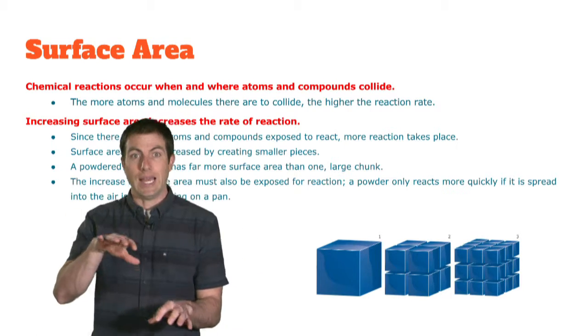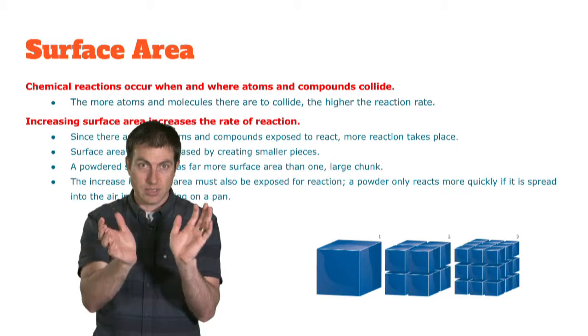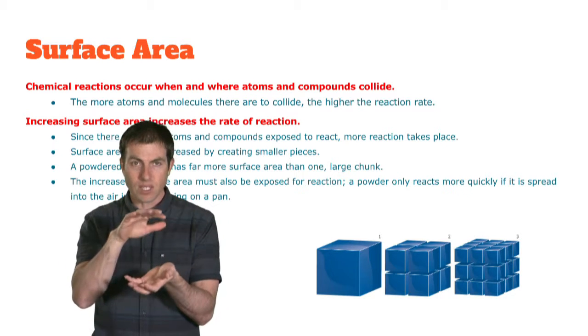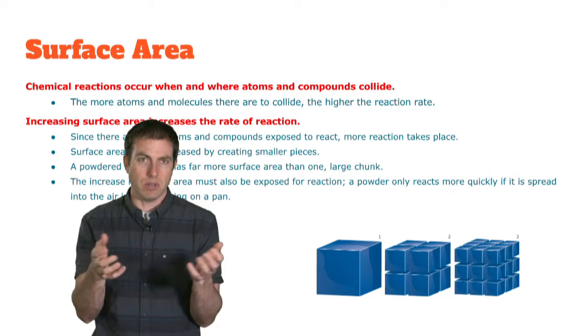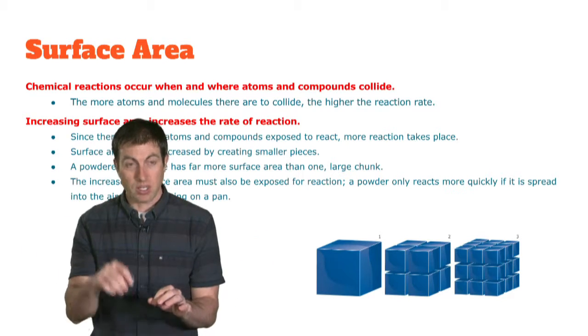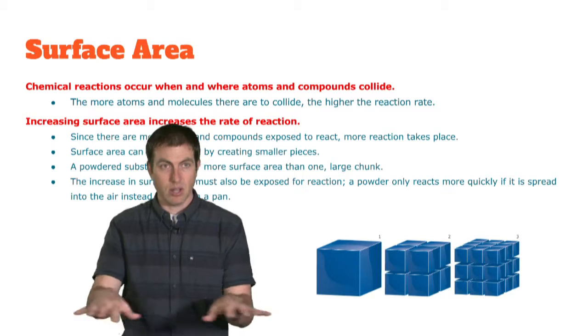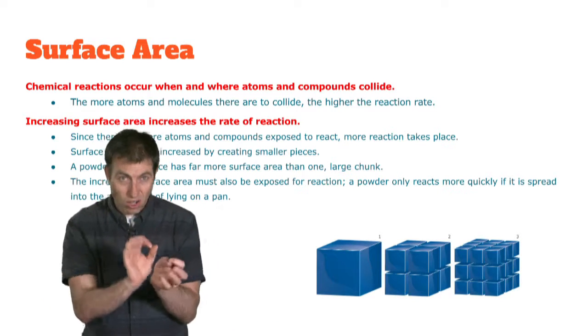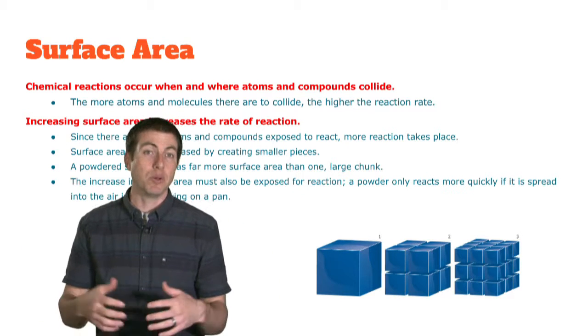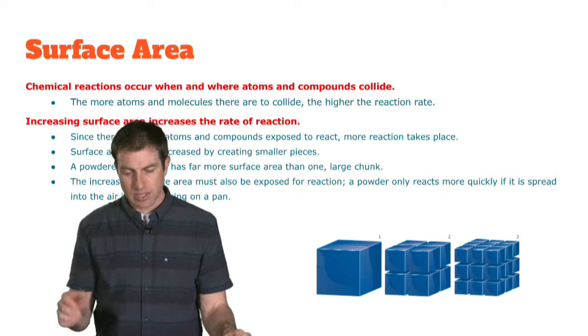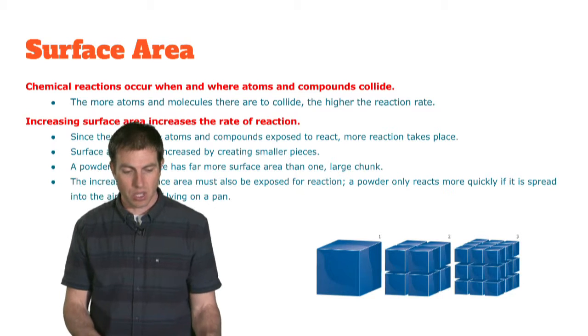If you took all the sides of the block and measured the area, that would be a number, let's call it 10. But if I took all that sugar and hammered it into powder, and took all of the sides of all of those little pieces and added them all up, it would be a lot larger. And I guess this diagram does a pretty good job of explaining it.